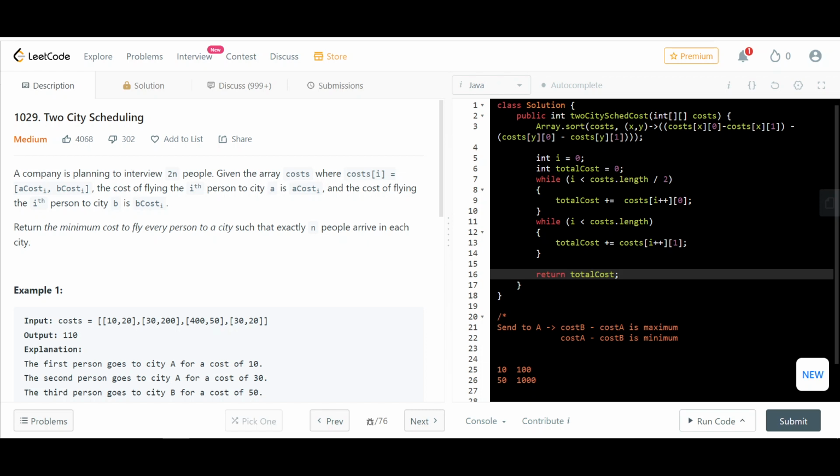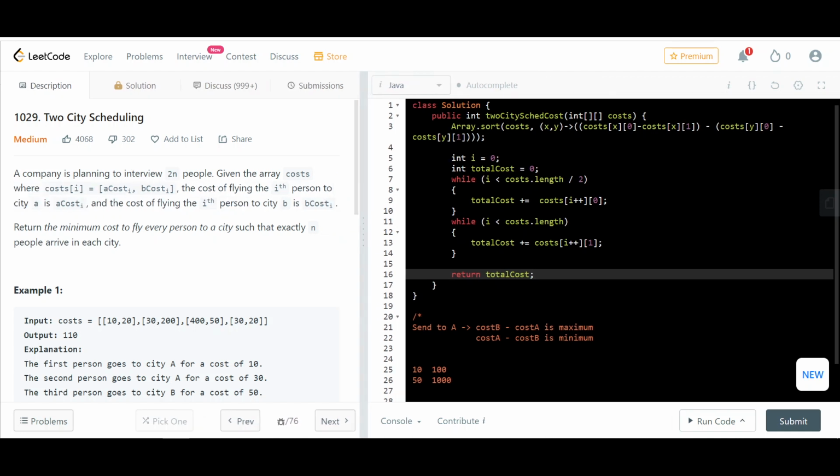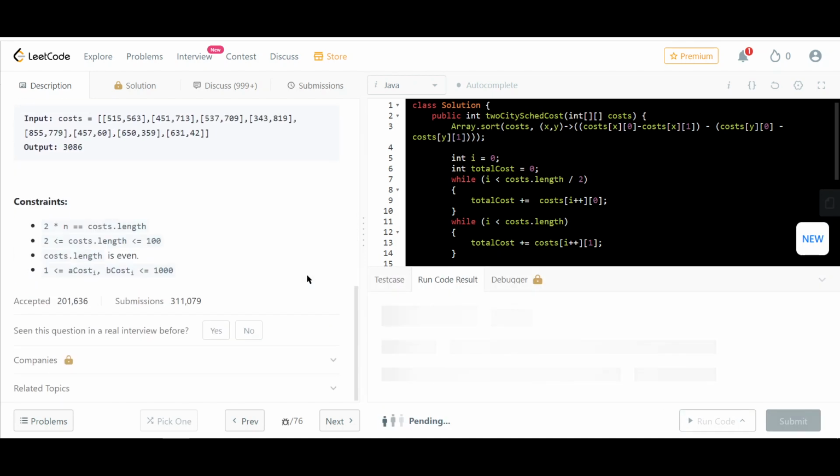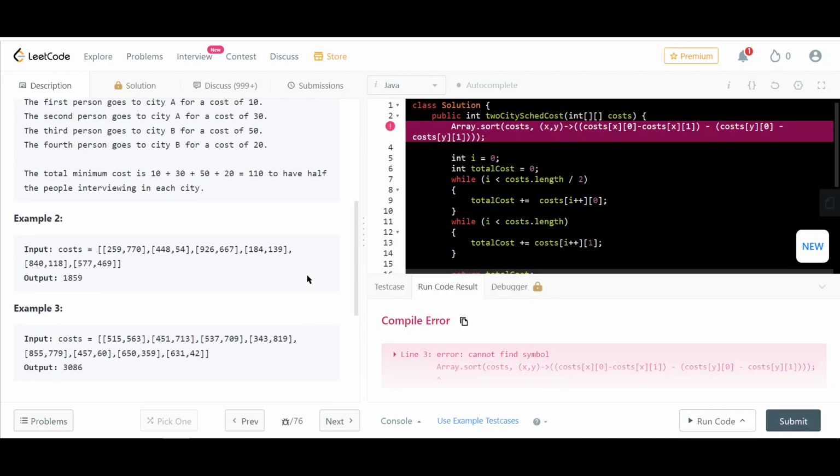We are being greedy here, and we are sending the people in the order in which sending to B is going to cost us more, and that cost is the difference between the cost of sending to B versus sending to A. That's the idea. Let's run against the example test cases and validate if it works.